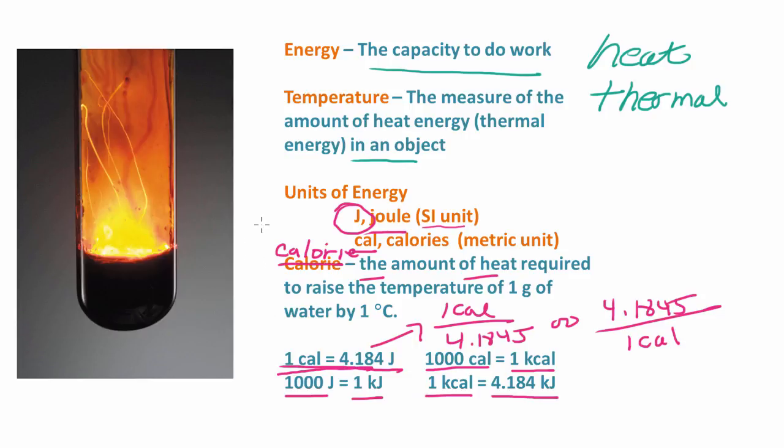Now, I want to go back to the comment I made about changing that C to lowercase. We know that 1 calorie is equal to 4.184 joules. And we also know that 1,000 calories is equal to 1 kilocalorie. But let me go down here.